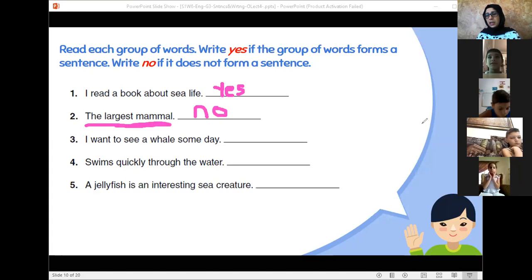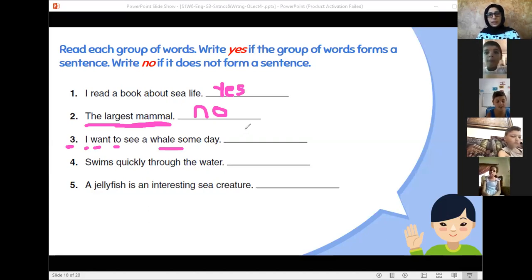Thank you, Hassan. Majd, can you read number 3? You can mute yourself, Hassan, for another turn, okay? I want to see a whale someday. Is it a sentence or no?